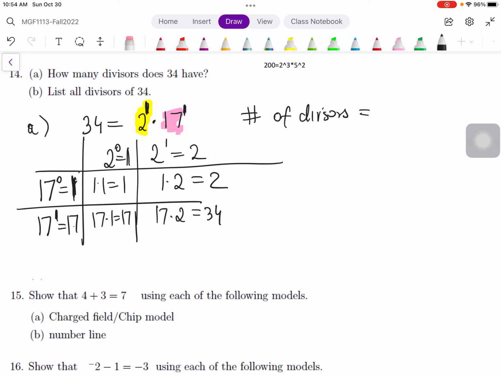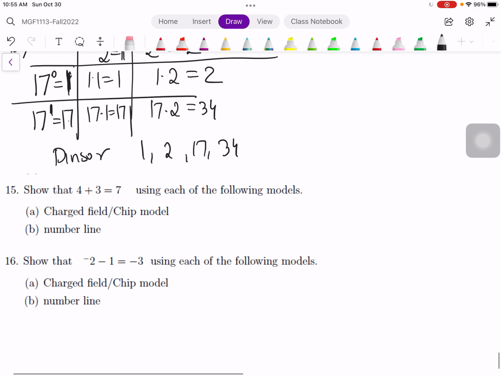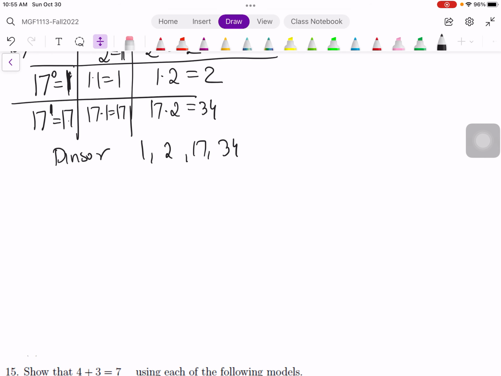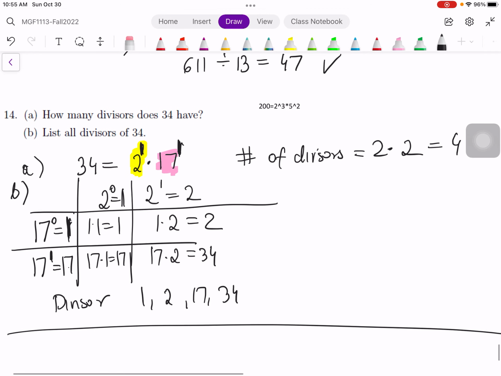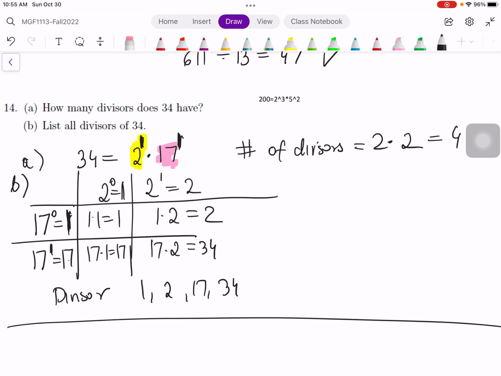So 1 plus 1 is 2, 1 plus 1 is 2. So you must have a total of 4 divisors, and this table allows you to list all of them. The divisors are 1, 2, 17, and 34. But that was a simple one, because without even knowing this, you should be able to figure that out. Let's look at something else.